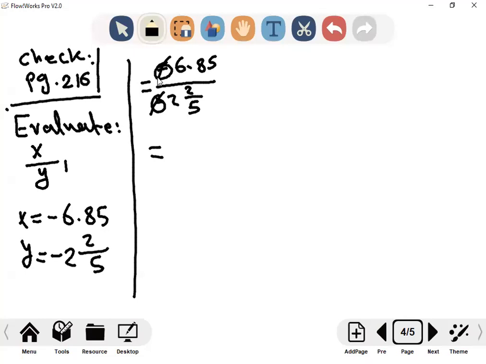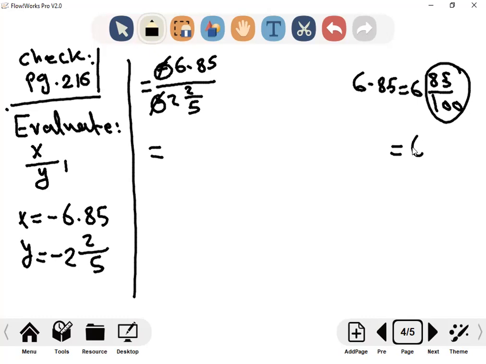But what do we need to do up? We have to make it a fraction. 6.85 equals 6 and 85 over 100. Here you can simplify before multiplying. This 85 over 100, see it?